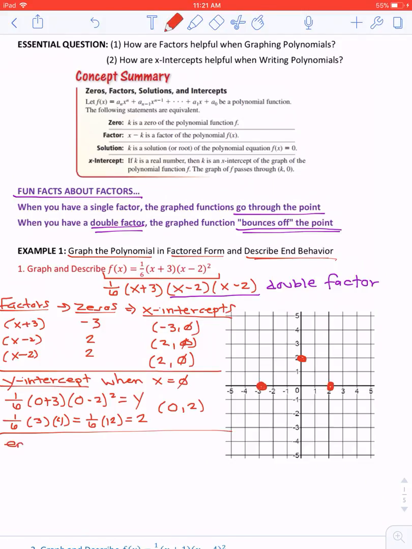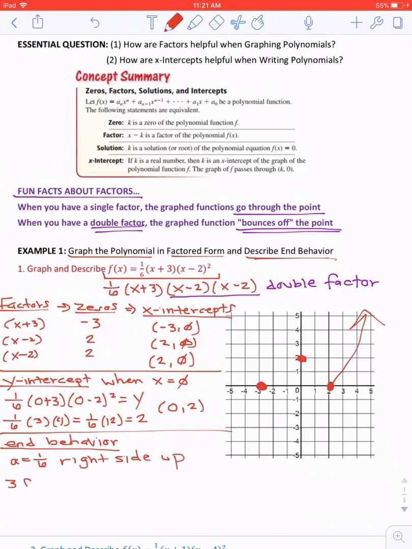So end behavior. All right, so my a value is 1/6. Okay, so that's positive. So this is right side up. Okay, so I'm going to go to this far right point, and I'm going to point up. All right, how many factors? 3.